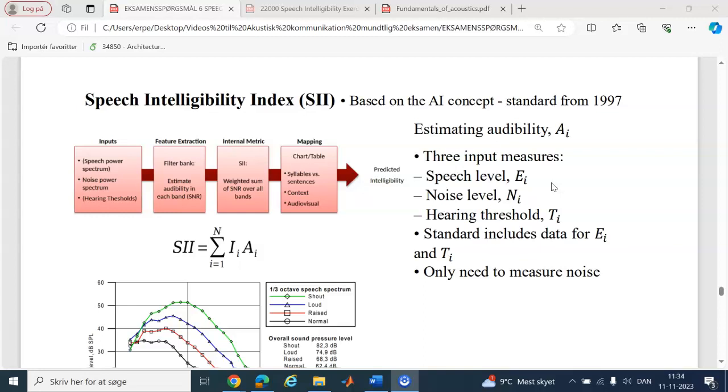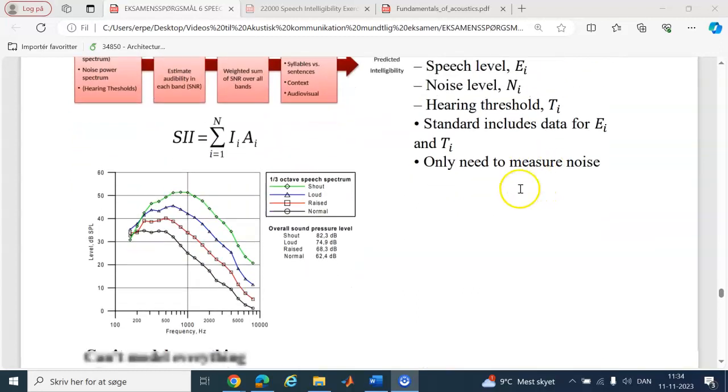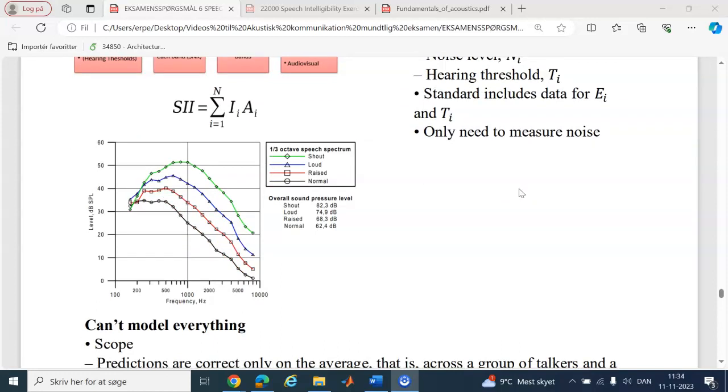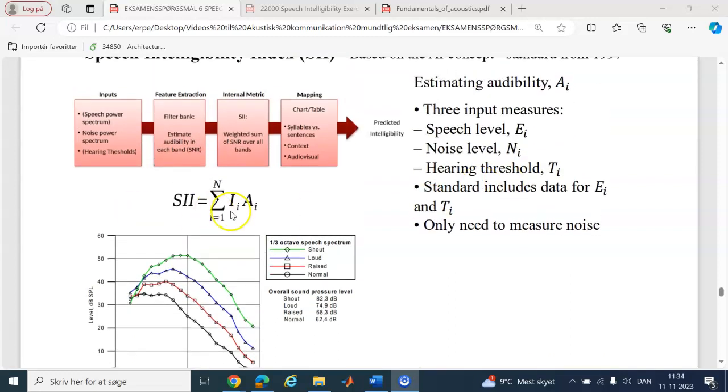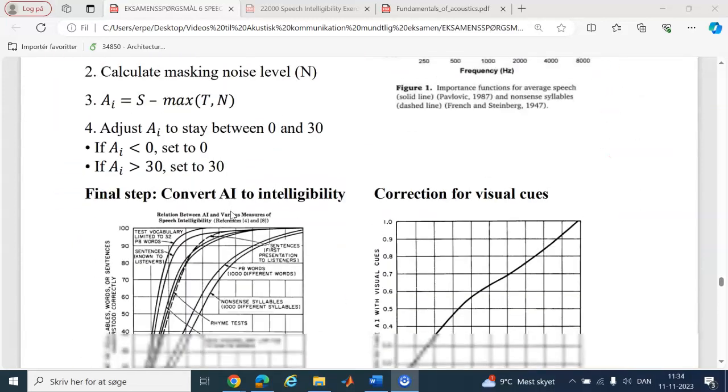The standard includes data for speech level and threshold, so we only need to measure noise. It also includes shout, loud, raised, and normal speech. Otherwise it's the same kind of formula as in AI.